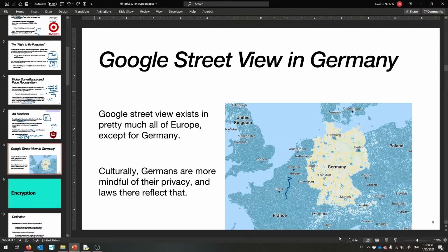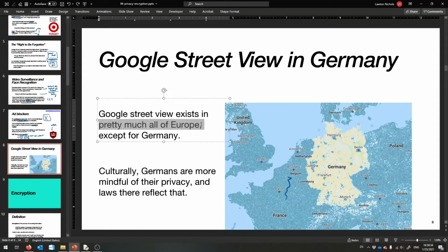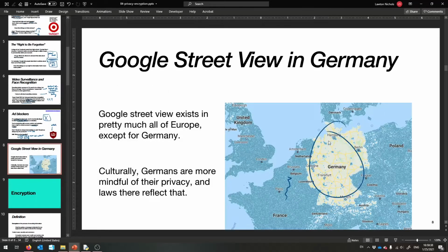So pretty much all of Europe has Google Street View, and they could totally get the cars into Germany, but there is a law against taking Street View in most cities. Maybe the big cities they allow it, but the smaller ones do not. So Google Street View exists in all the streets, usually, in Europe, except for in Germany.